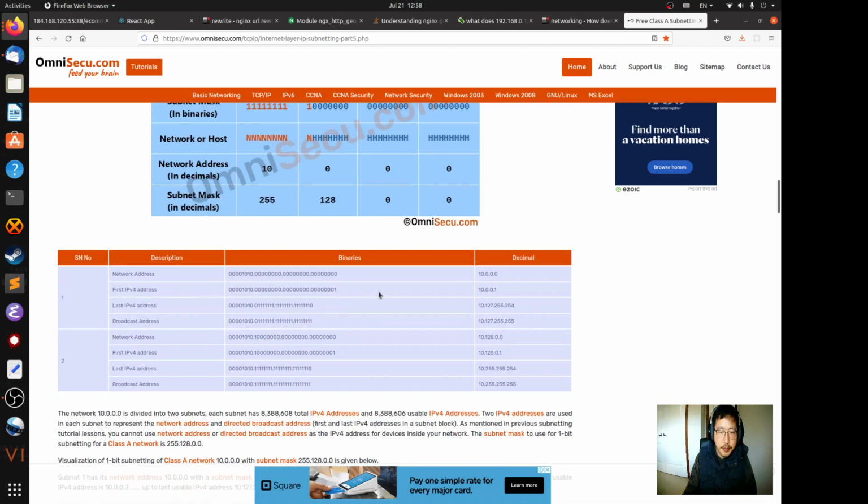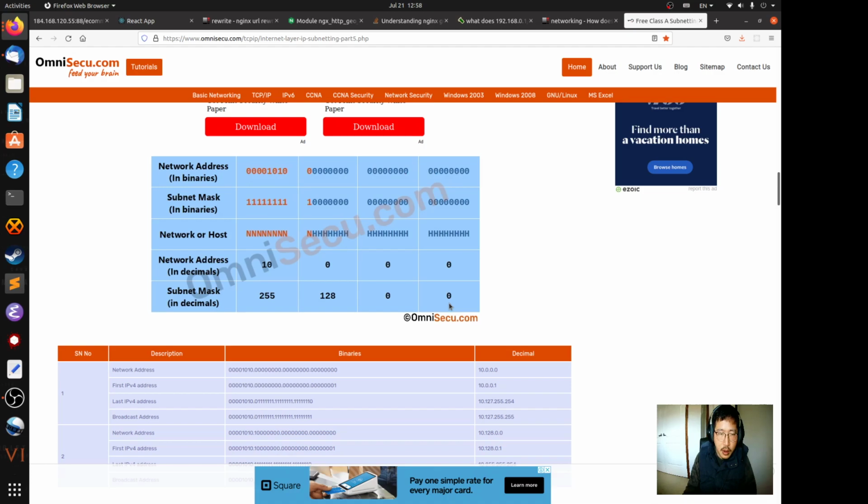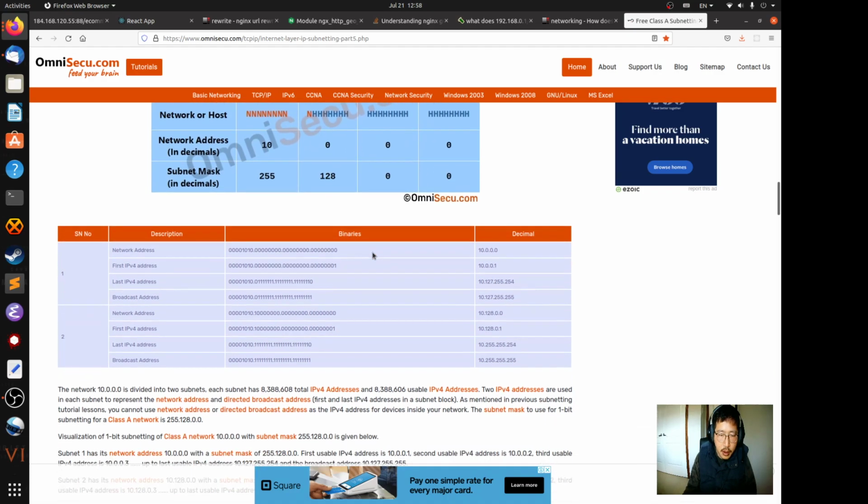And as I said, the network address of the first subnet is 10.0.0.0, as we have here. And then the first IP address is 10.0.0.1.